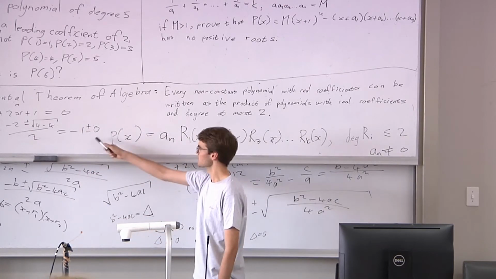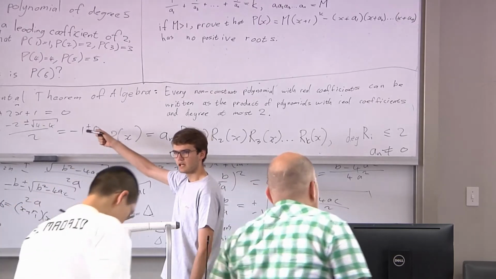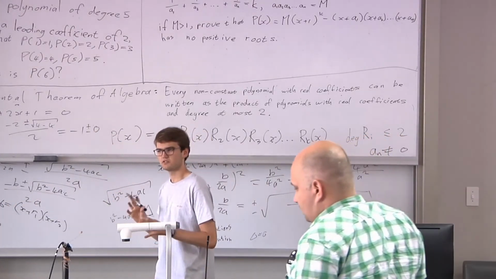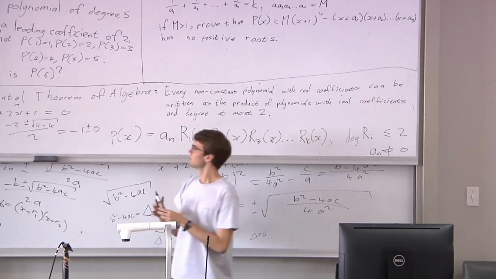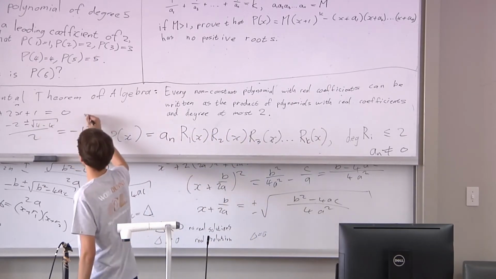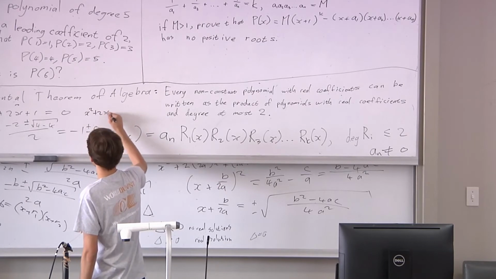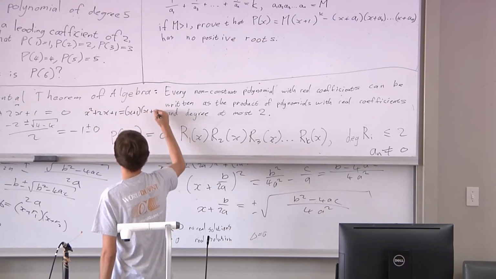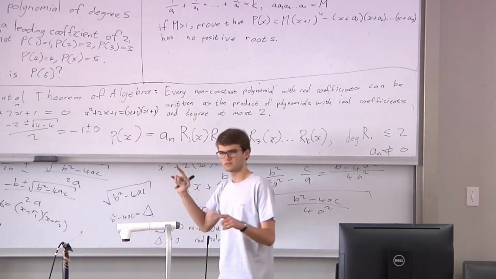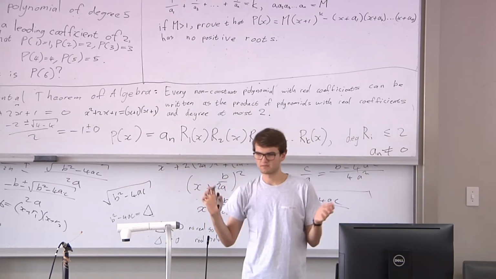So there's only one solution to this. And what that means is that you do still have two solutions, but they're the same thing. So in this case, x squared plus 2x plus 1 would be x plus 1 times x plus 1. Two roots, but they're the same thing.